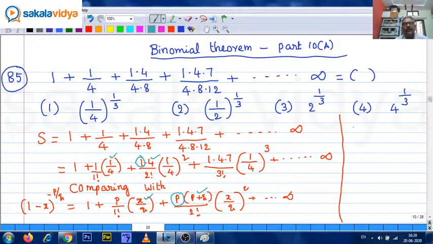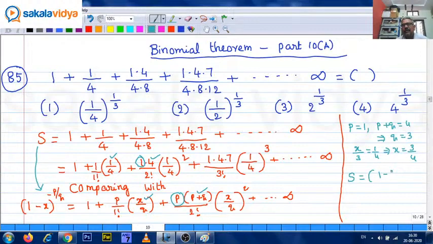So p is equal to 1, p plus q equals 4, so obviously q becomes 3, and x by 3 equal to 1 by 4, so x equals 3 by 4. Now we need to find the s value. s is equal to 1 minus x whole to the power of minus p by q, that means 1 minus 3 by 4 whole to the power of minus 1 by 3.